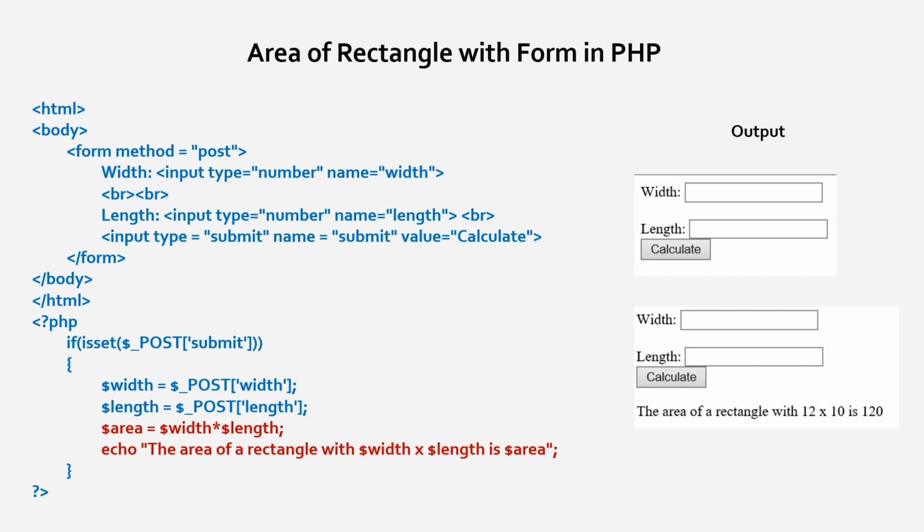Here I used the if control structure. The main idea is to display the area of a rectangle with a form. You create the form and then close it using the closing tag.